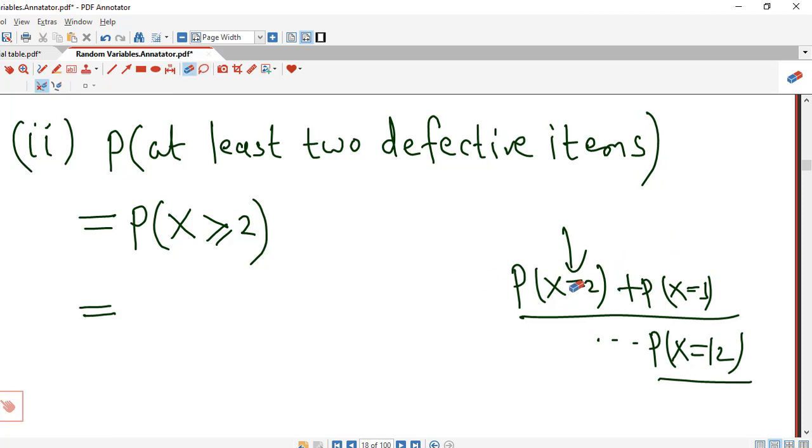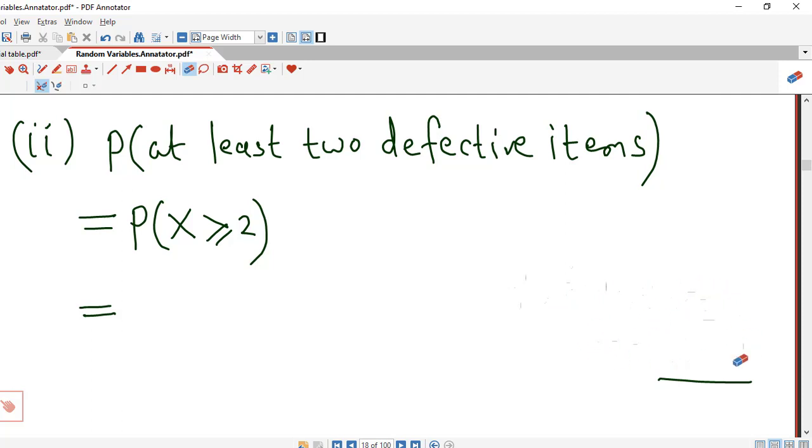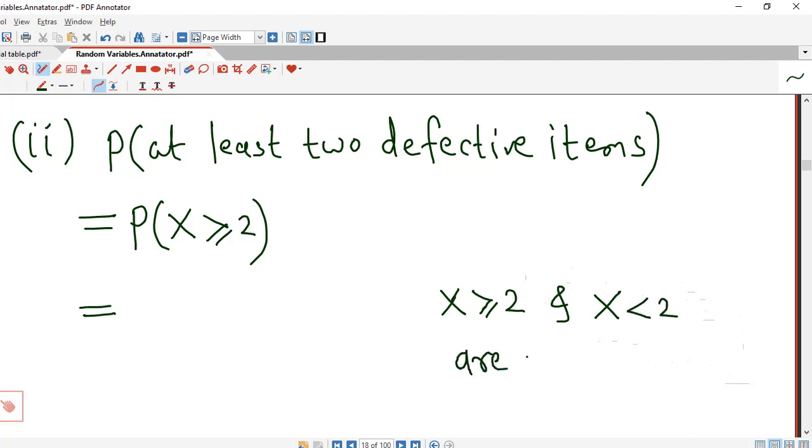We have to calculate probability starting from x equal to 2 up to x equal to 12. So we will not go in this way. We can use the concept of complementary events. If we consider these two events, x is greater than or equal to 2 and x is strictly less than 2, then these two are mutually exclusive or disjoint events.